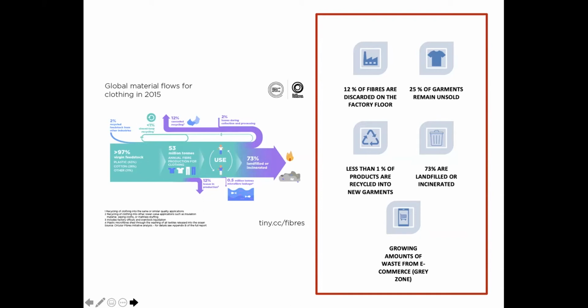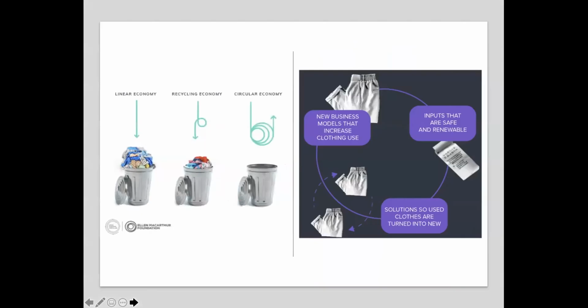Only less than 1% products are recycled into new garments. 12% fibers are discarded on the factory floor. Many garments don't even get sold. And there is a huge and growing field of e-commerce returns. That is a big waste problem.